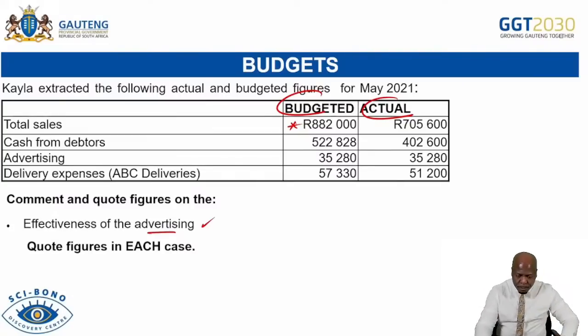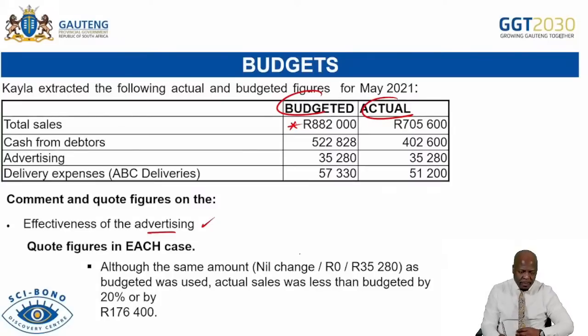Okay, so in this one, you can see that although it is the same amount on your advertising, the actual sales is less than the budgeted by 176.4. You can see that the budgeted was 882, but the actual is 705. So it is less.